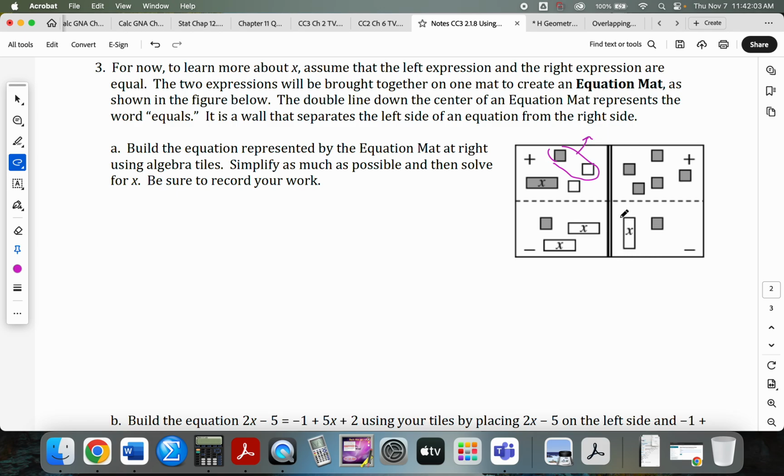And then I can also remove two of these negative tiles in the negative region and two of these positive unit tiles in the negative region. That just leaves me with one X to flip up.